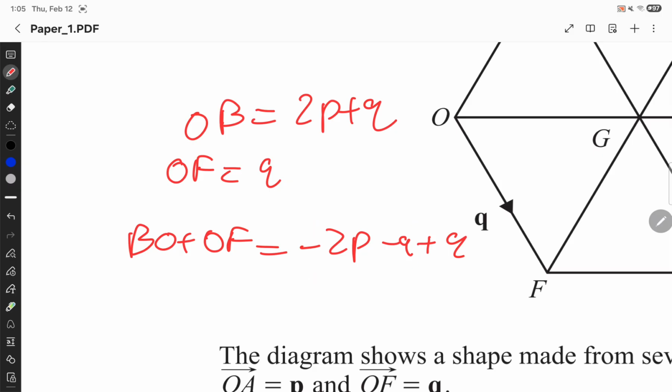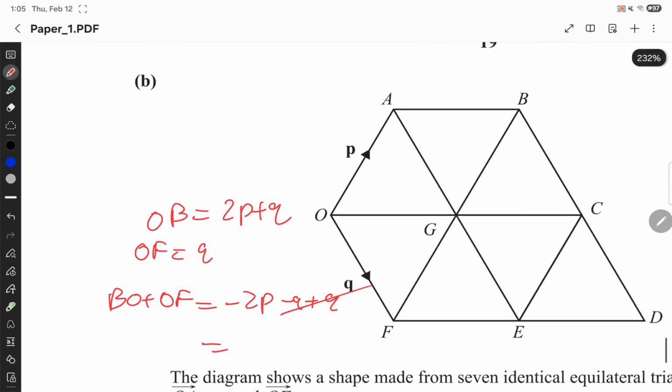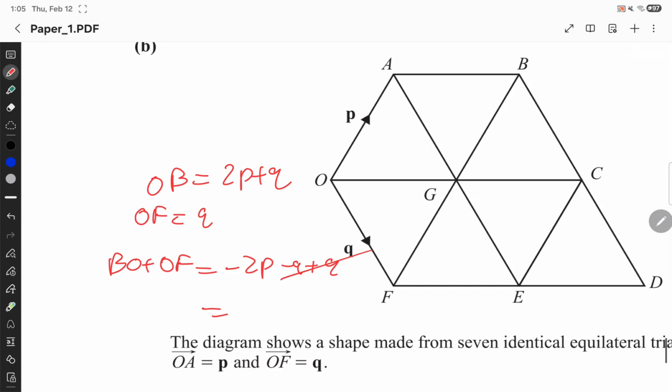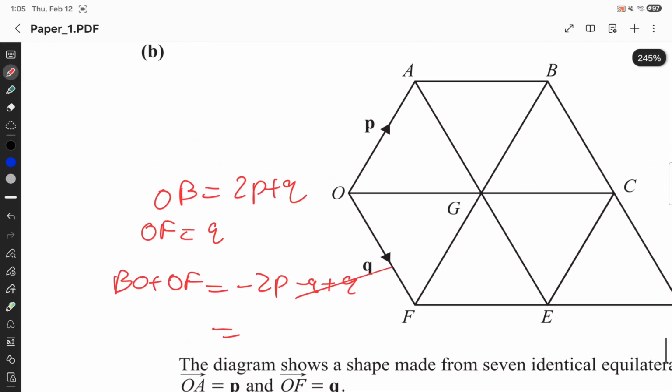Okay, let's read my notes. Not that. OB? No.